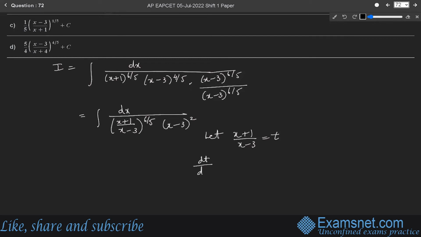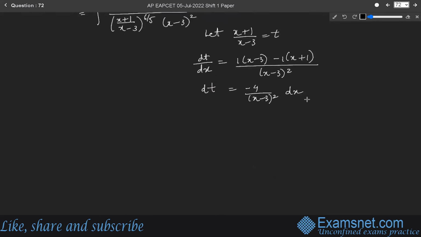Therefore, dt upon dx will be equal to [1 into (x minus 3) minus 1 into (x plus 1)] divided by (x minus 3) whole square. From here, we can say that dt will be equal to minus 4 upon (x minus 3) whole square into dx, and dx will be equal to (x minus 3) whole square divided by minus 4 into dt.